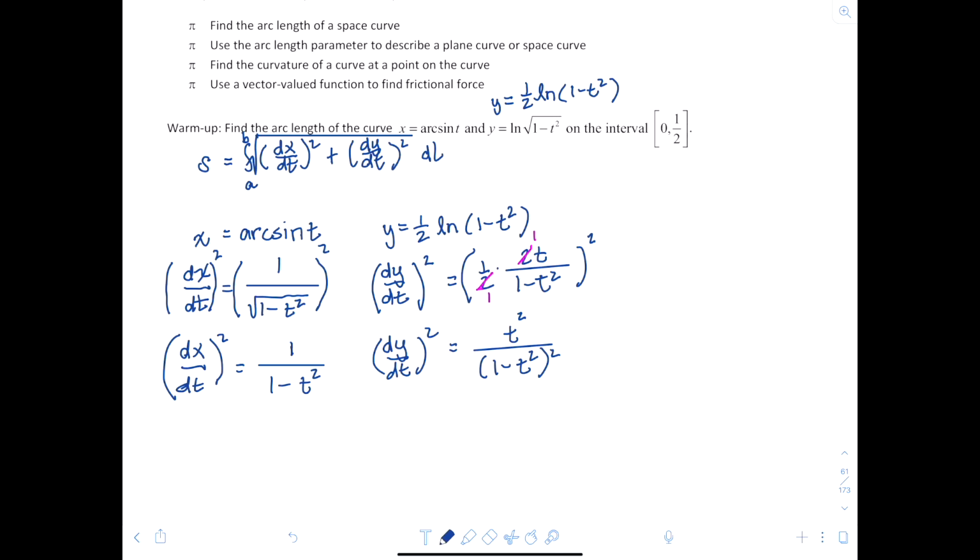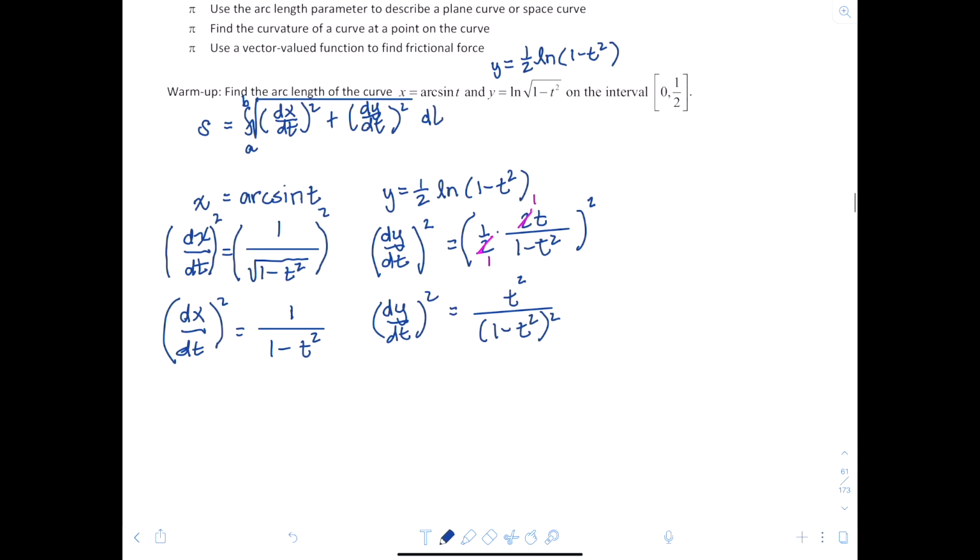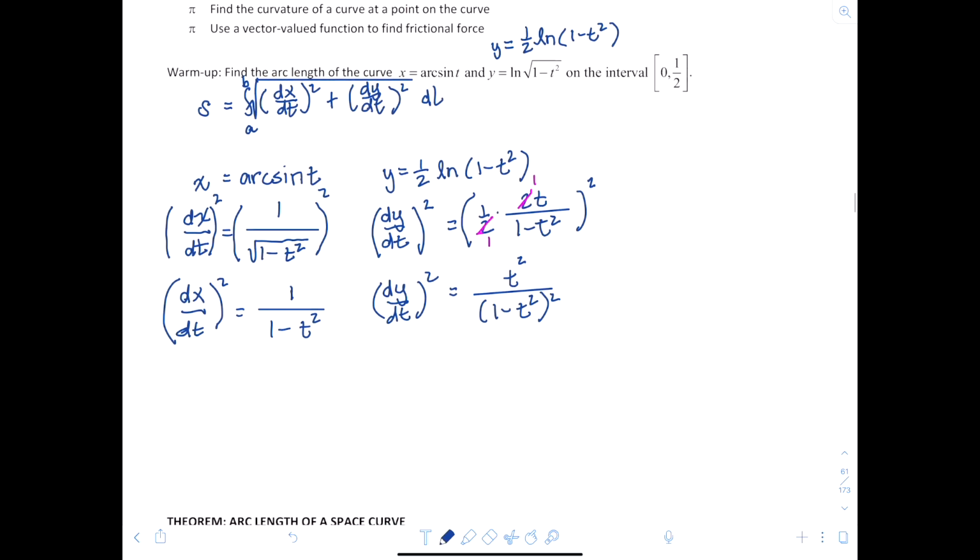Okay, so now, here we go. Plugging in what we've got going on, let's check it out. We have s equal to the integral from a to b.